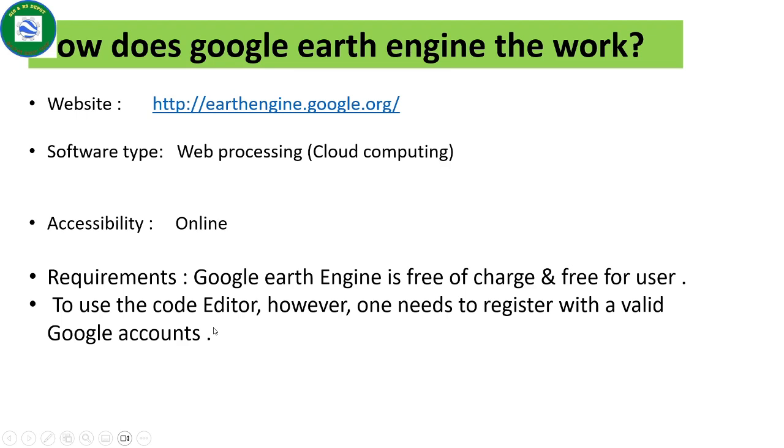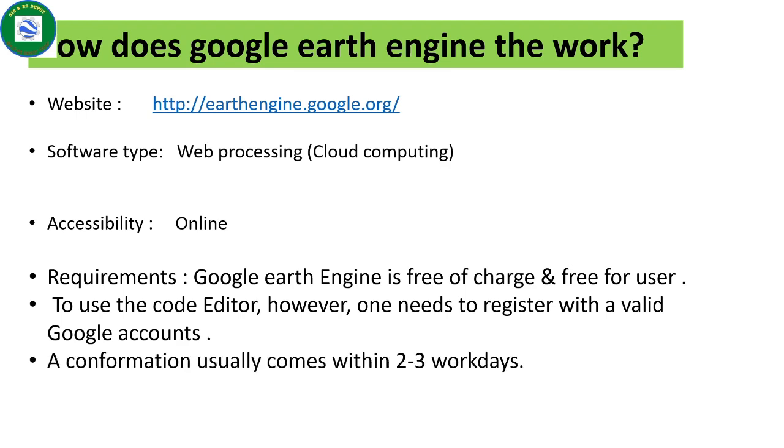Don't worry about this, because if you fill in all of the things in the Google Earth Engine sign up form perfectly, they give you access within 1 or 2 hours. But the confirmation SMS or mail usually comes within 2 or 3 working days. So when you fill up the sign up form, put in all of the information very carefully.